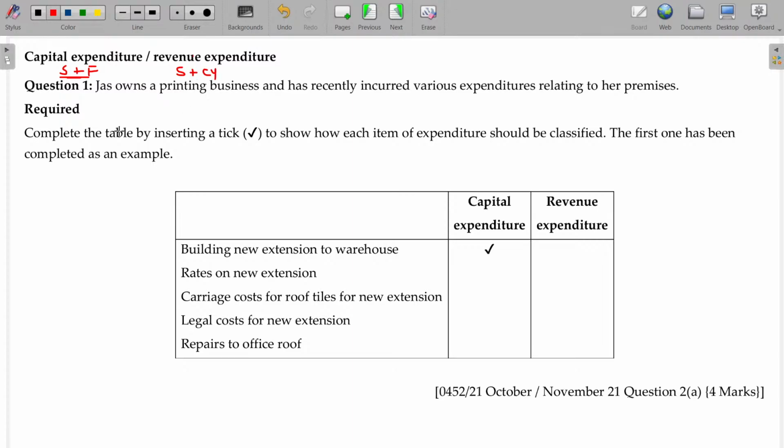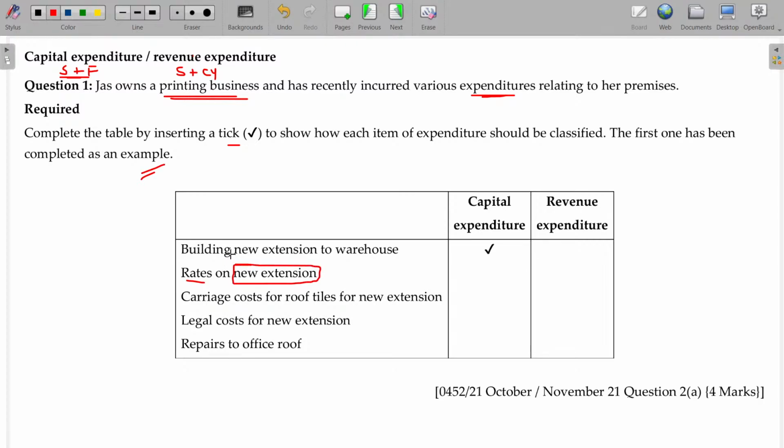Very simple. Joss owns a printing business and has recently incurred various expenditure relating to her premises. Complete the table by inserting a tick to show how each item of expenditure should be classified. The first one has been completed as an example. Rates and new extension.